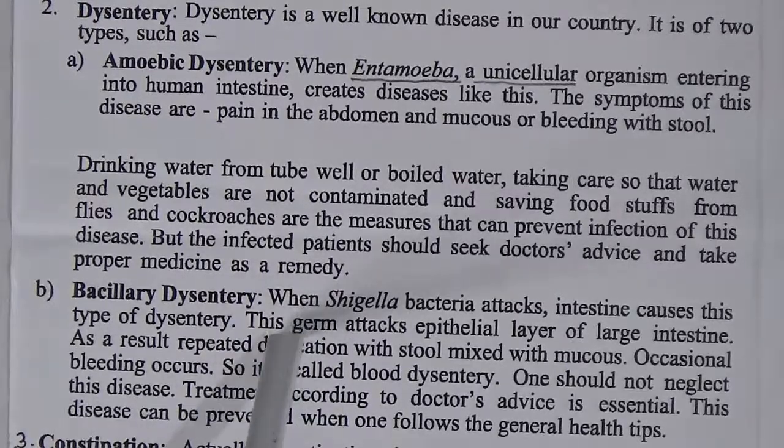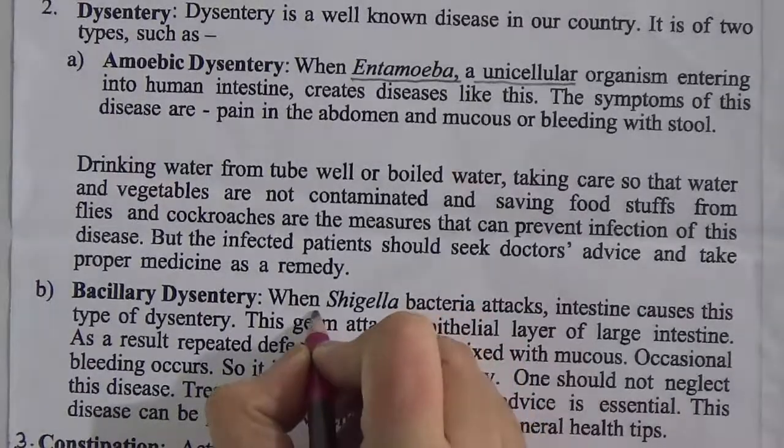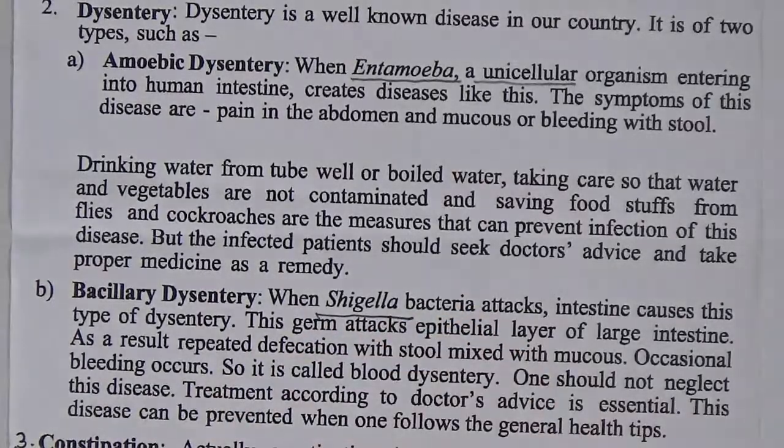Bacillary dysentery is caused by Shigella bacteria. When Shigella bacteria attack the intestine, they cause this type of dysentery. These germs attack the epithelial layer of the large intestine. As a result, there is repeated defecation with stools mixed with mucus.